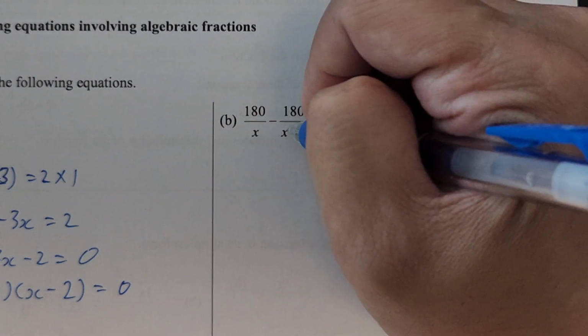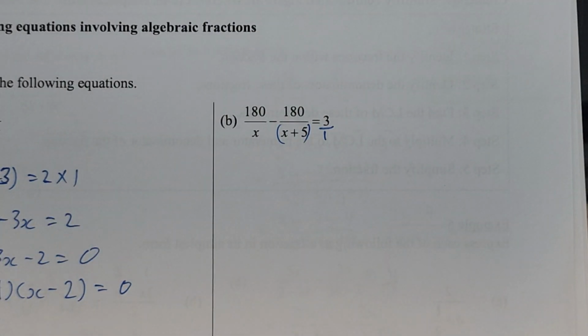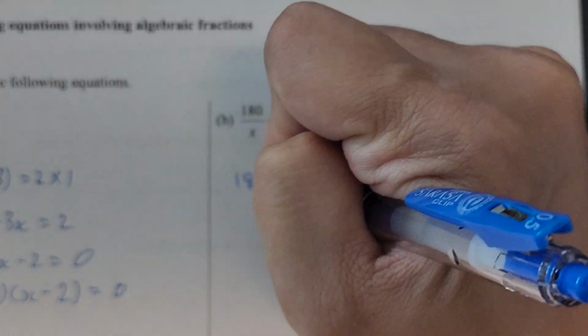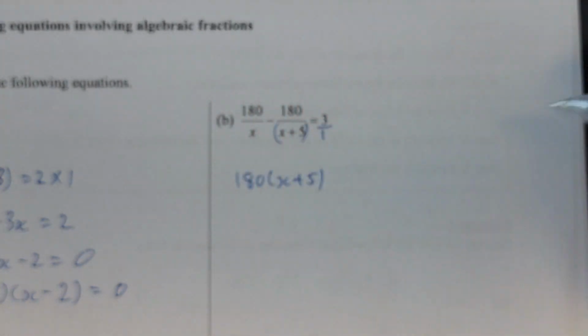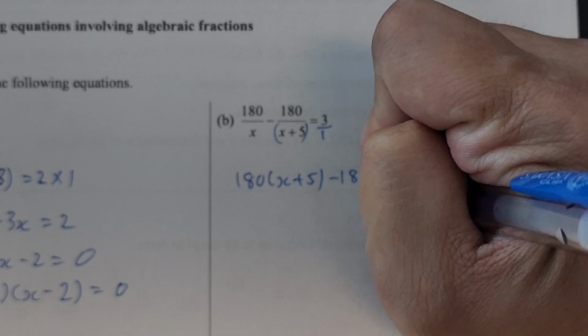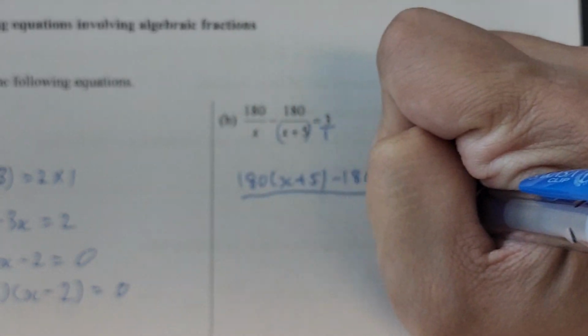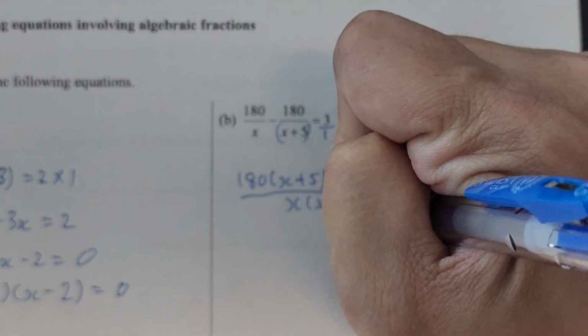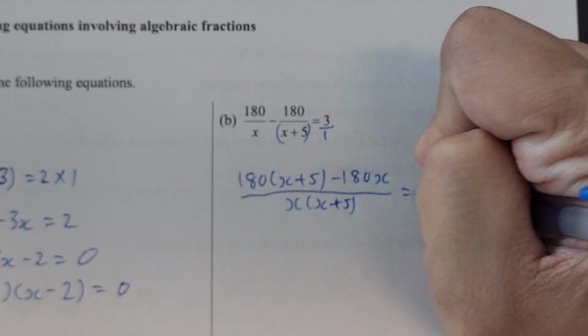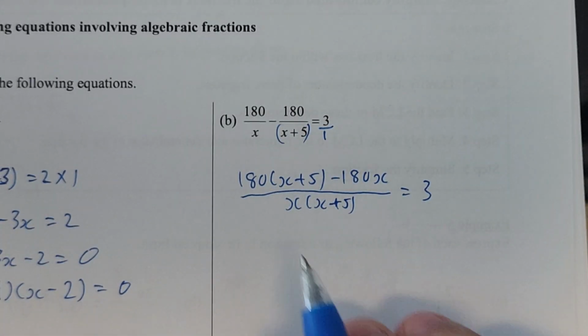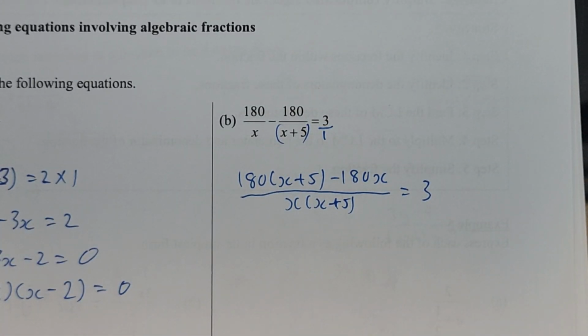So combine them, simplify the left hand side first. Common denominator, and then combine into a single fraction.